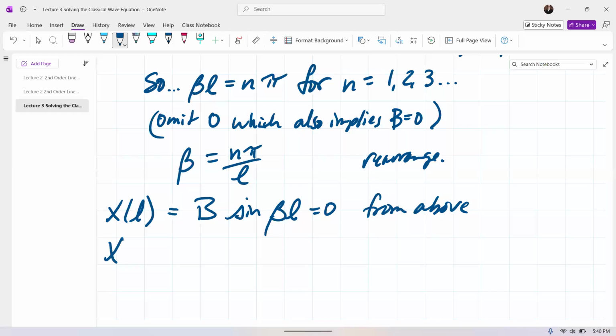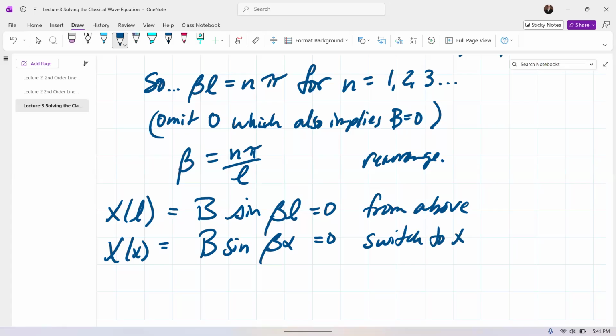X of x equals B sine beta x equals 0. This is just switched back. I'm just switching the name of the coordinate, okay? Because I will want to show you something.